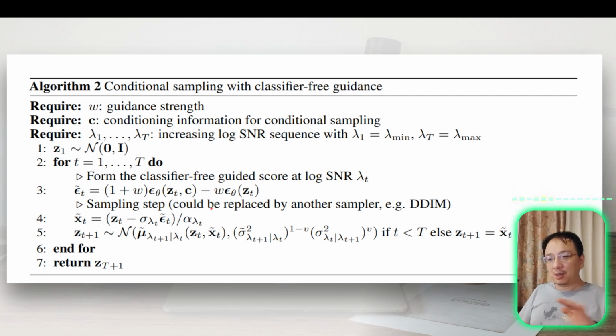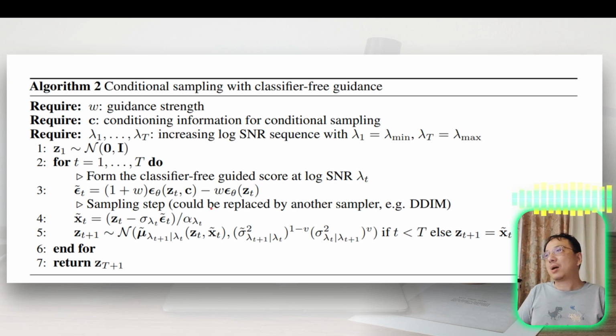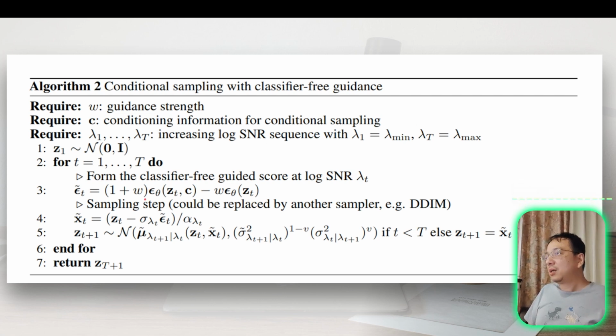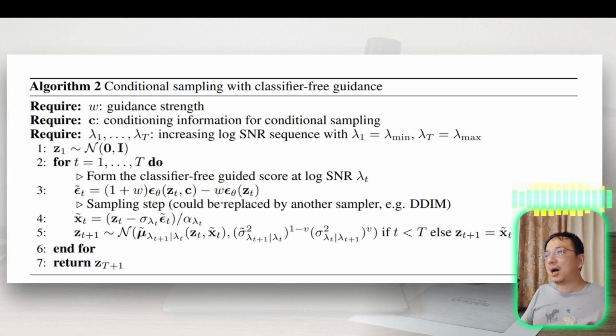For the sampling process, we use the conditional model and the unconditional model to predict the noise respectively, and use the linear combination of this noise to be our final noise.